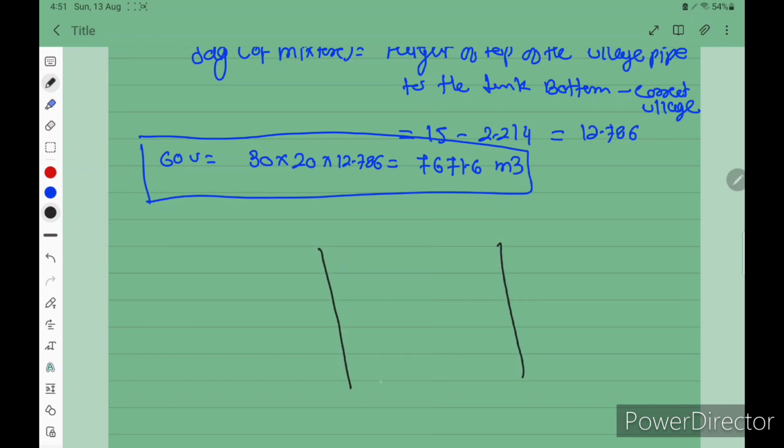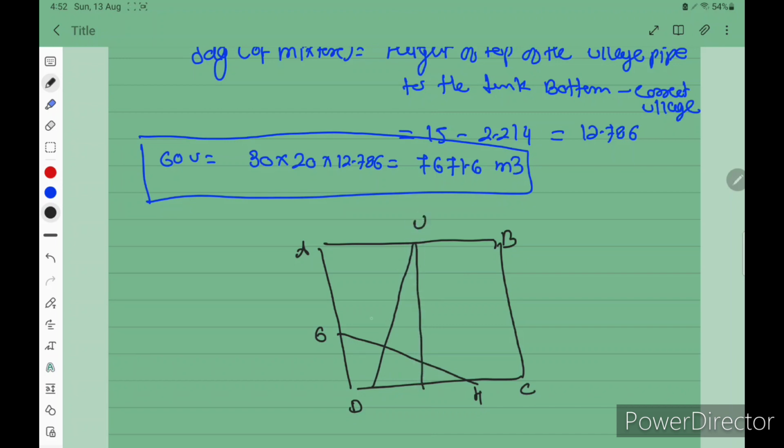Vessel trim by stern. This is the oil cut which is given, 0.20 meters. Okay, UP is 15.